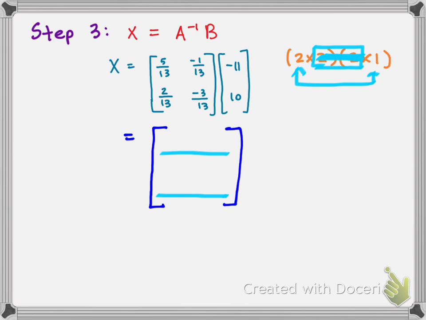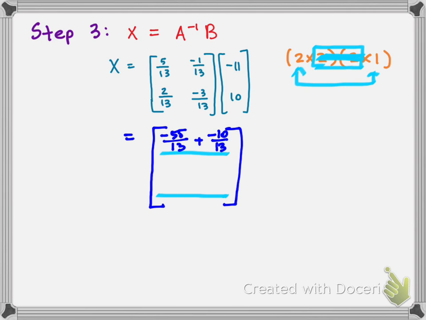I'm now finding row 1 times column 1. So I'm going to take 5/13 and multiply it by negative 11, so I have negative 55/13. I'm going to add that to negative 10/13. Then I'm finding row 2 times column 1.